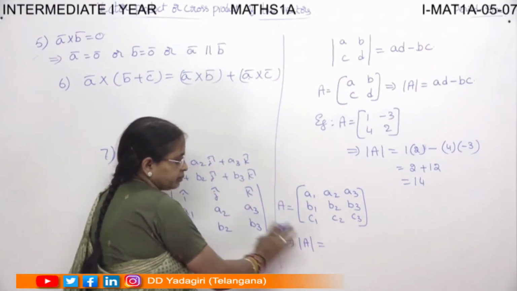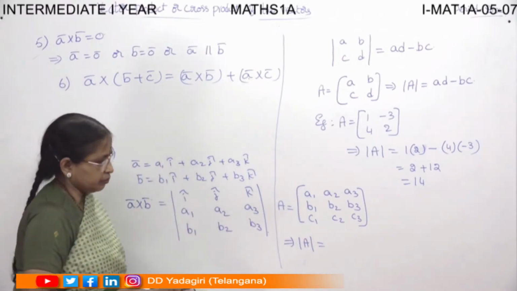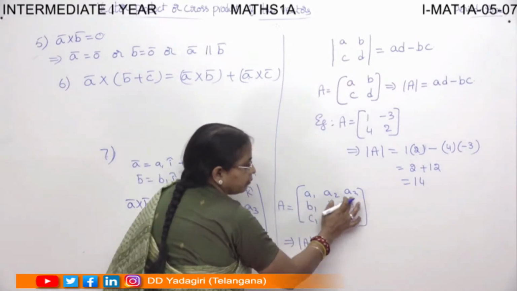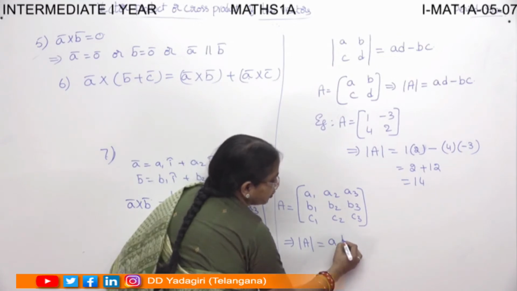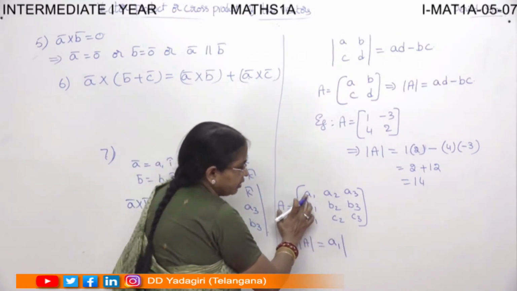You can write bars between A, or you can just write bars directly like this also. So this is given by A1, first row elements. You multiply the first row elements, so A1 into their cofactors. Cofactor values are found like this.